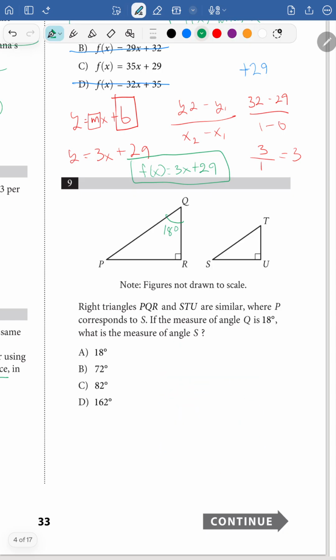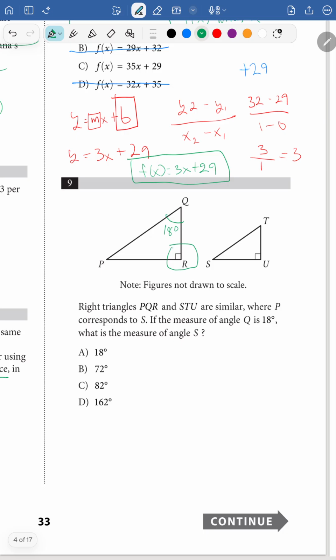It says that P corresponds to S. So let's find the value of P. We know that a triangle has a total, all the angles of a triangle must add up to 180 degrees. And since this is a right triangle, this makes it so much easier for us because a right angle is 90 degrees.